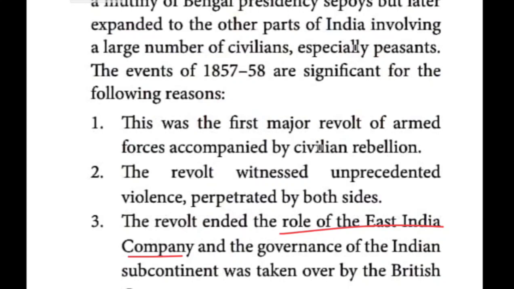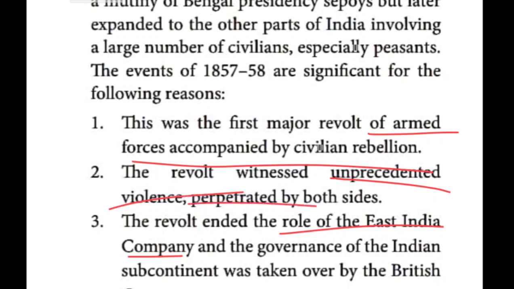First, in this revolt, the armed forces joined with the civilian rebellion, army and military people also joined. The second thing, the 1857 revolt witnessed unprecedented, untold violence, committed by both sides.